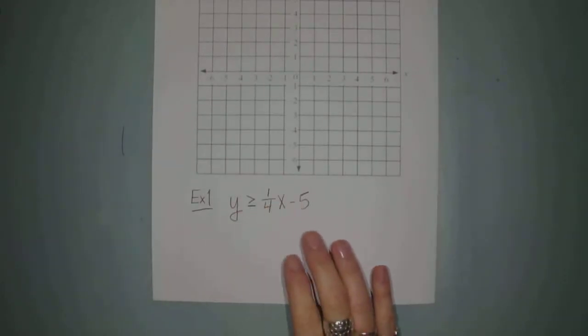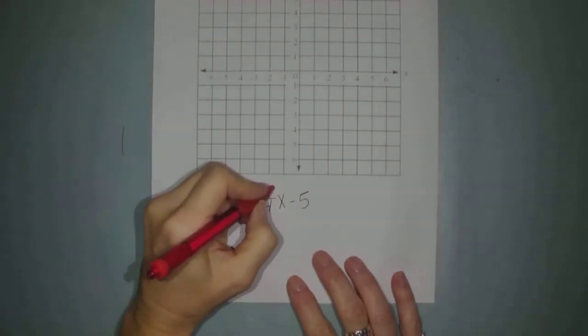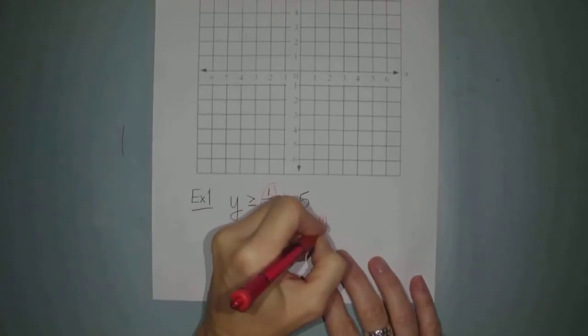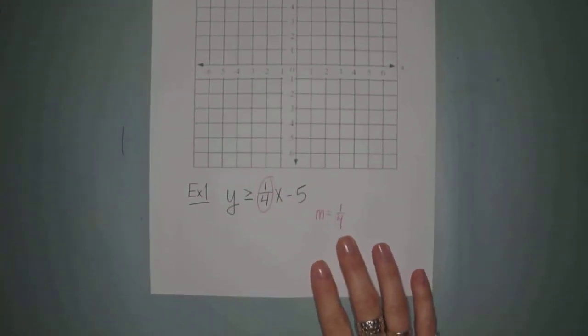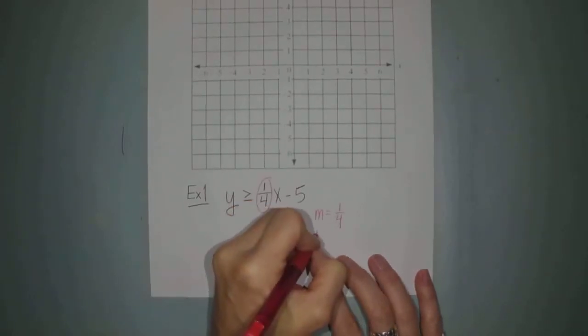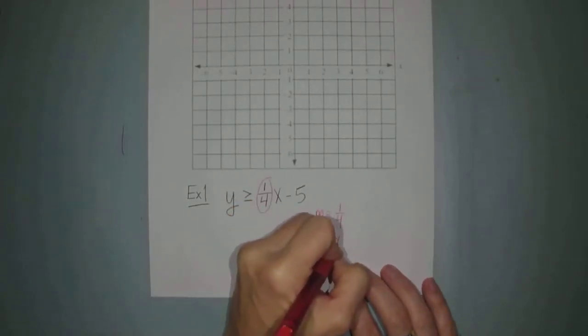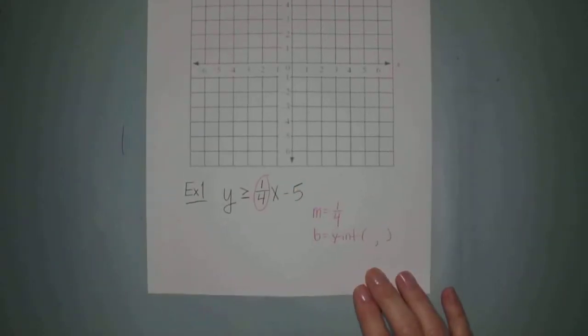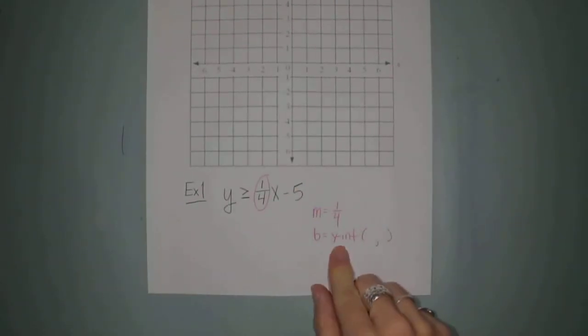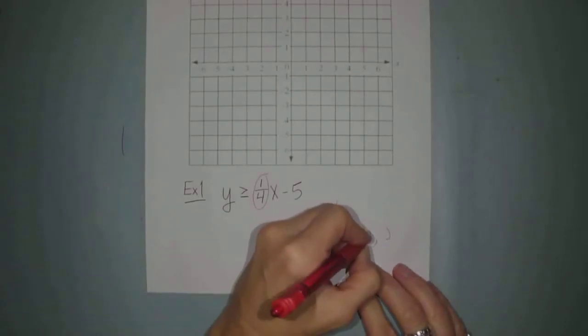One thing we can pick out is we can see right here that our slope is equal to 1/4, so that will help us with our rise and our run. And we can also see that our b, which is our y-intercept, is going to be located at, well, when you're finding a y-intercept, your x is 0.